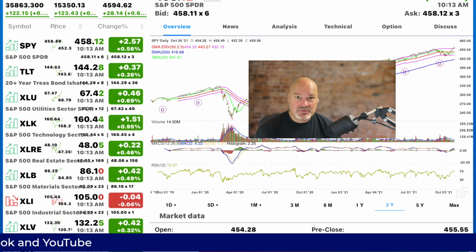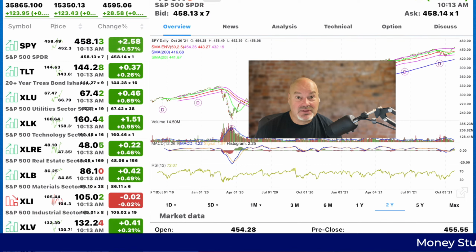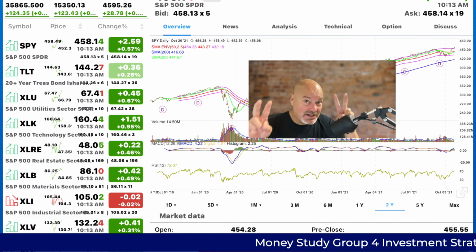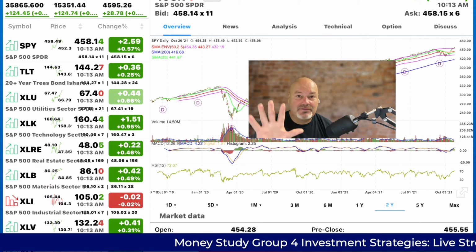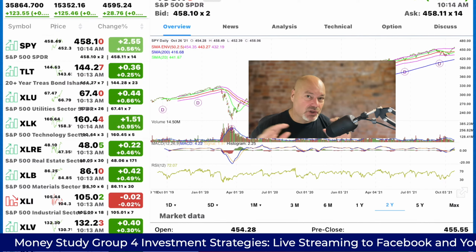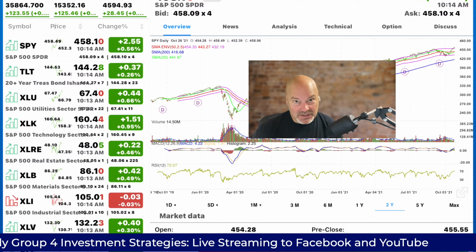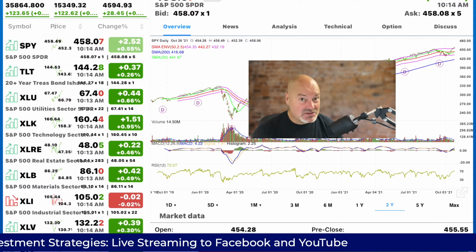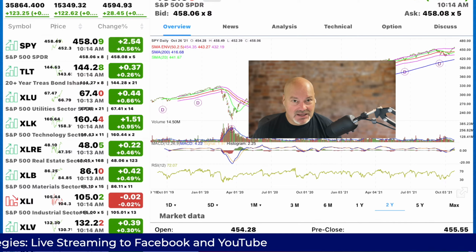So inside of SPY, there are 500 stocks, because that's what the S&P 500 is. The S&P 500 is an index of 500 stocks. They happen to be the 500 largest companies in the United States.